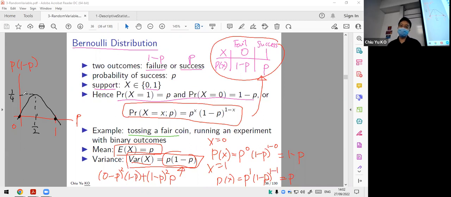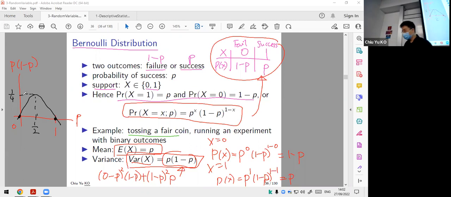In particular, when P is exactly 1, the data you observe is everything is 1. The variance is exactly 0, right? There's no failure, everything is success, right? When P is exactly 0, every outcome is failure. The variance is 0, right? Because every outcome is 0, mean is 0, variance 0.